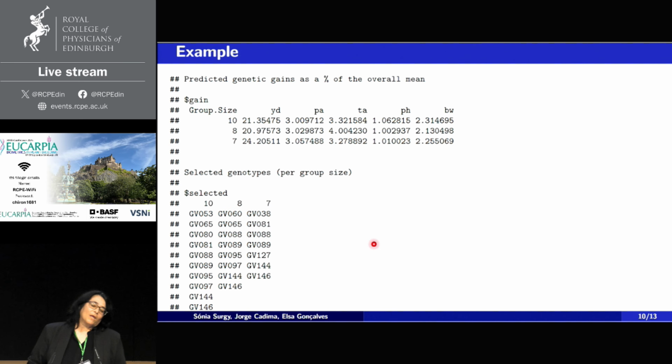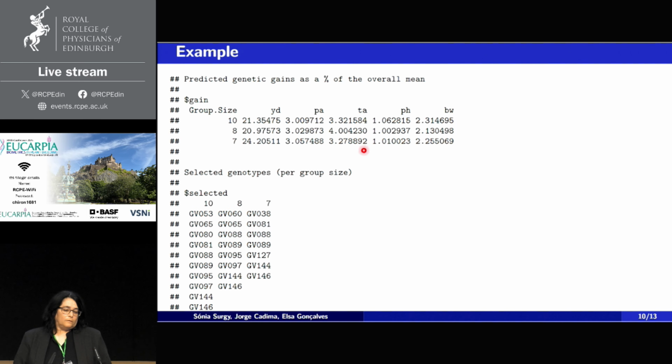So this is the output of the polyclonal function. As an example, it has 2 objects. In fact, all the other functions also have these 2 objects. The object gain gives us the predicted genetic gains as a percentage of the overall means for the several traits and per group size.